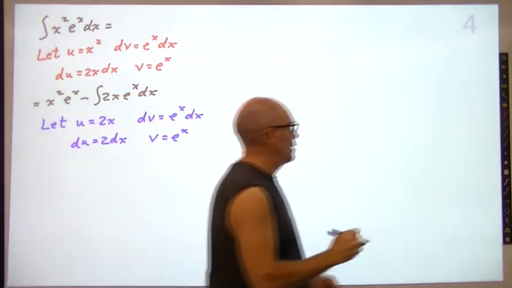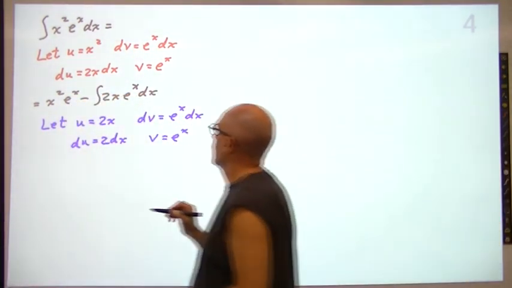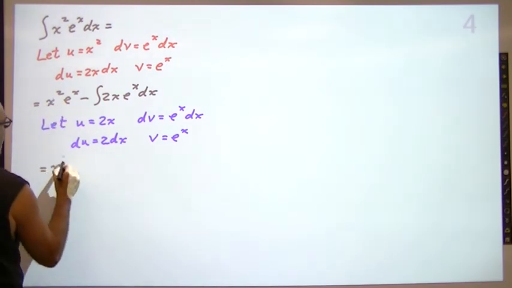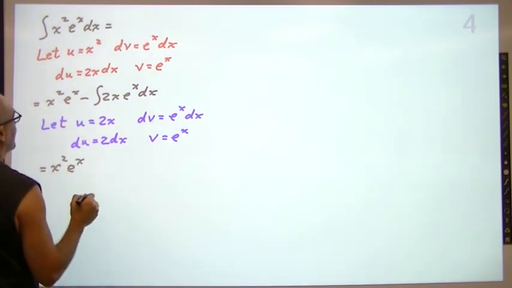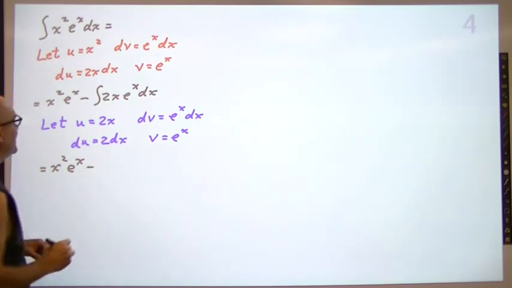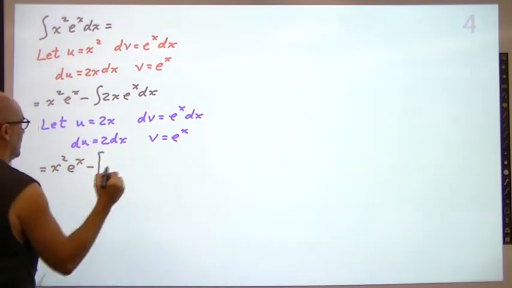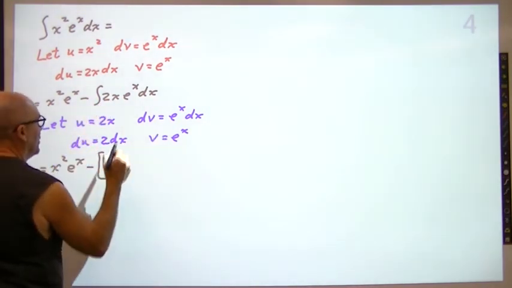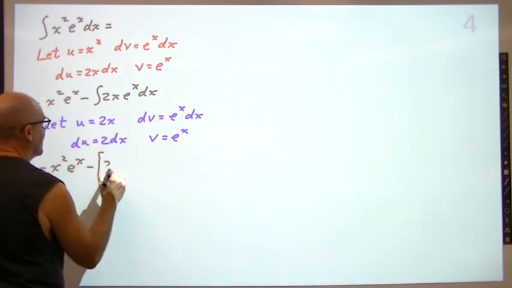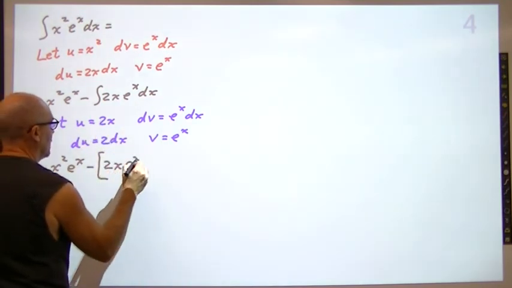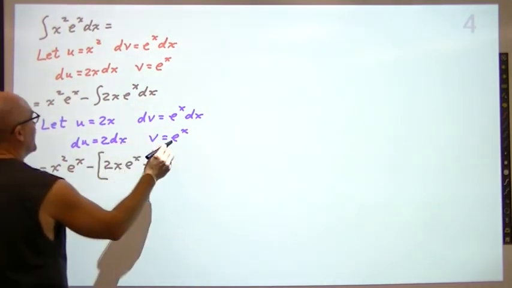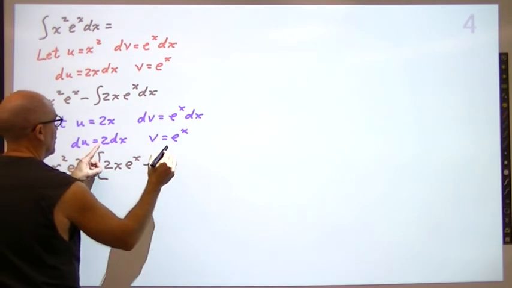All right, so now my integral is going to equal x squared e to the x minus this integral. So I've got uv, so it's 2x e to the x, minus the integral of v du.